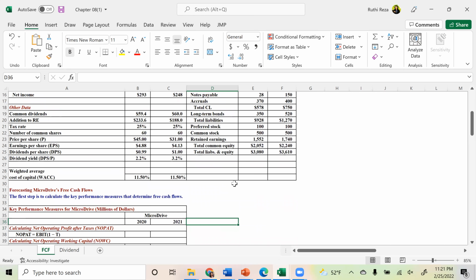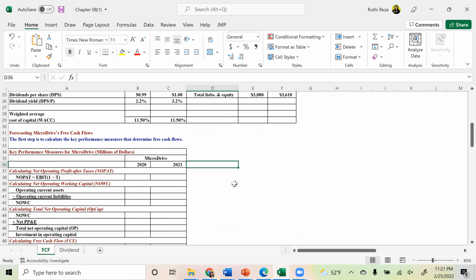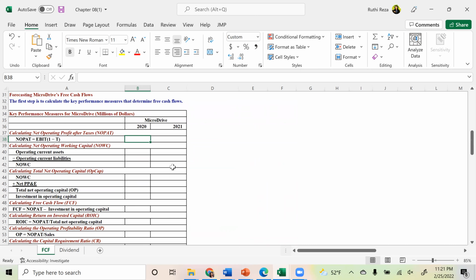So first, let us calculate the free cash flow to the firm for the years 2020 and 2021. Here you can see the equation for free cash flow to the firm: net operating profit after tax minus investment in operating capital.